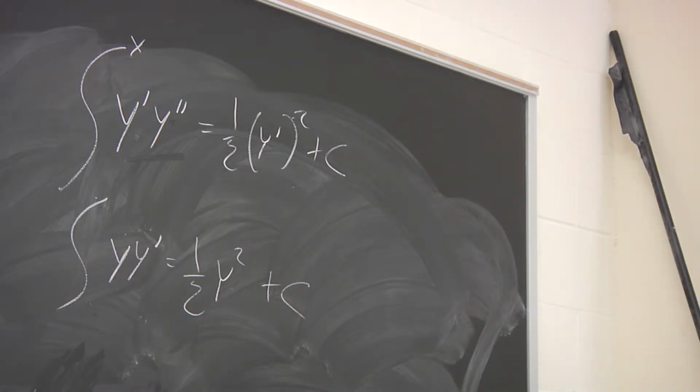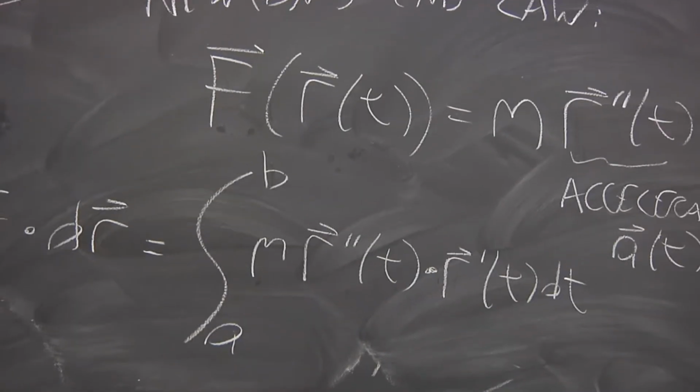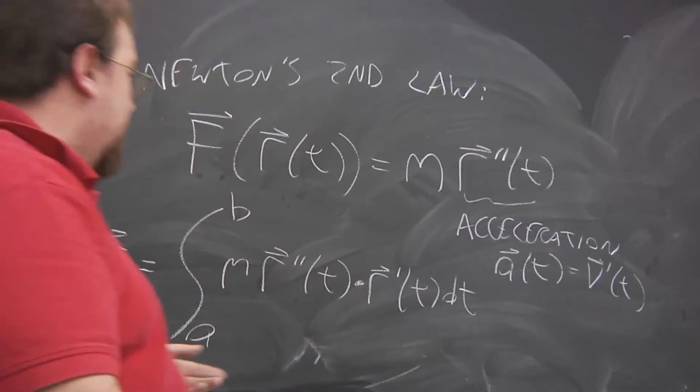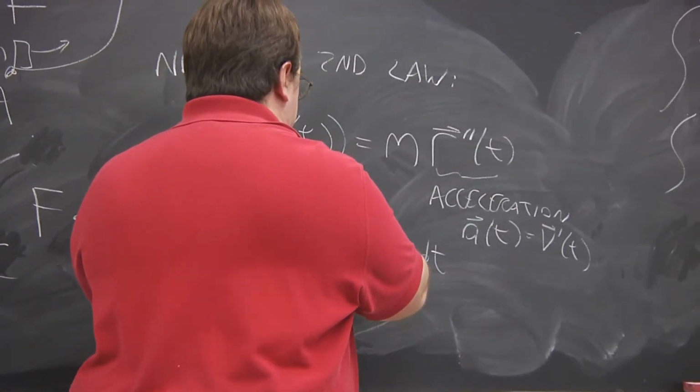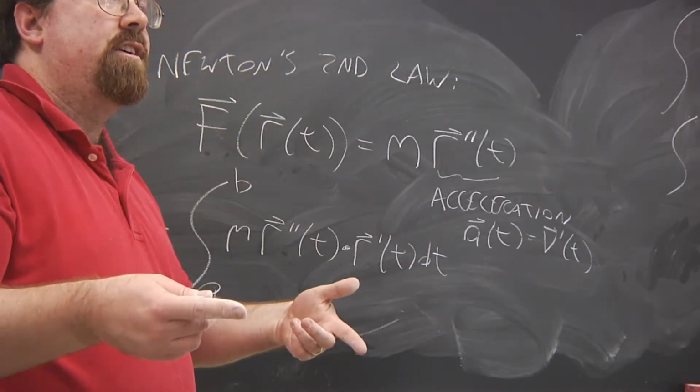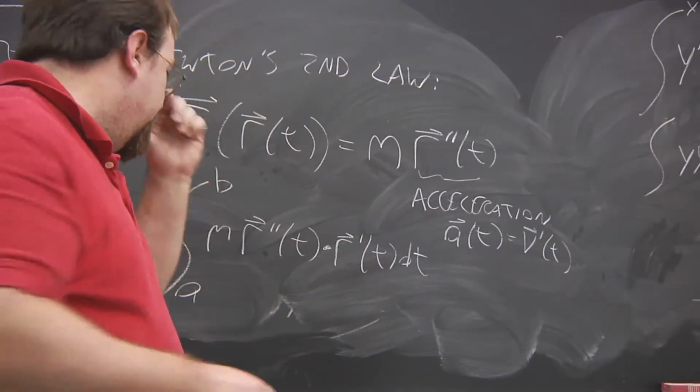Here we have a dot product, but the same idea applies because we're looking at a second derivative multiplied by a first derivative for each component, and then we're adding it up.